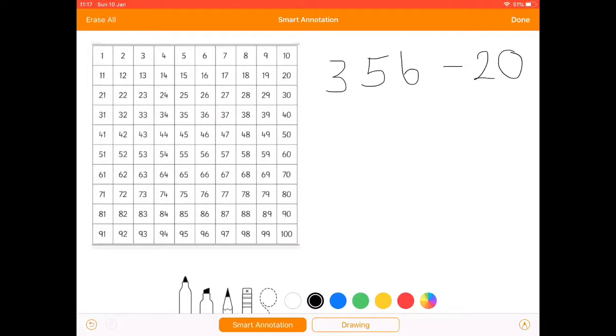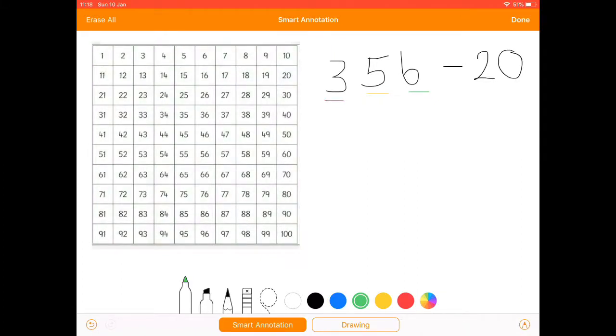Can you tell the person next to you how many hundreds this number has? That's right, we have 3 hundreds. How many tens do you think this number has? 5 tens. And lastly, how many units do you think this number has? 6 units.